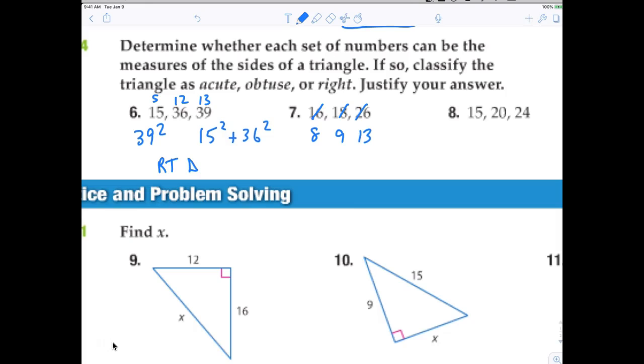So now we just have to compare 13 squared to 8 squared plus 9 squared. 13 squared is 169, and 64 plus 81 is 145. So that's correct. Because it's greater than, we would say that is obtuse.